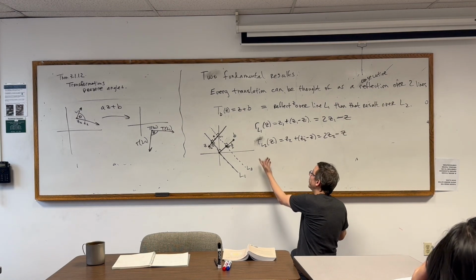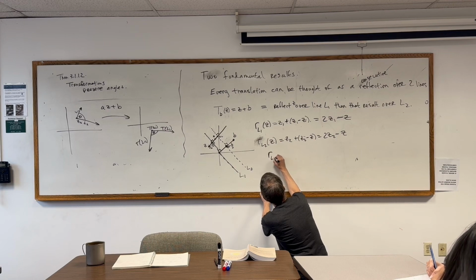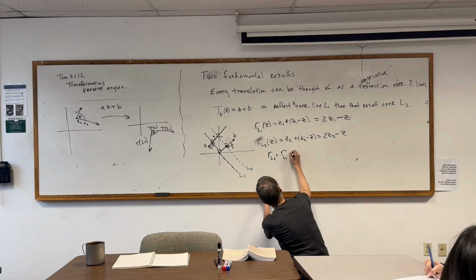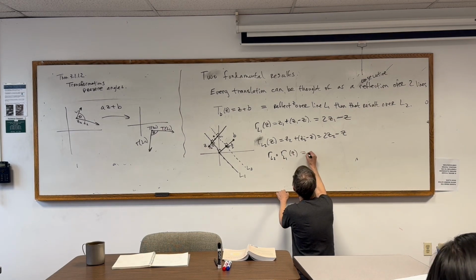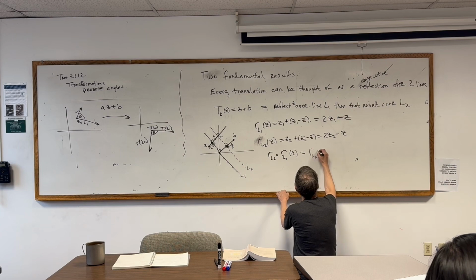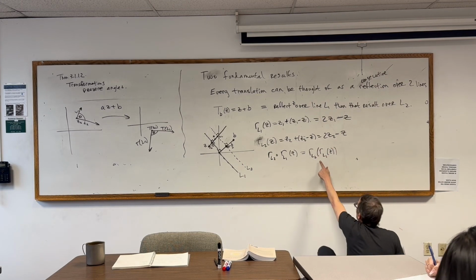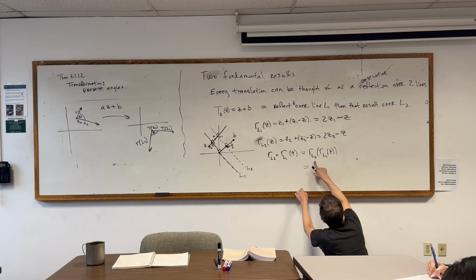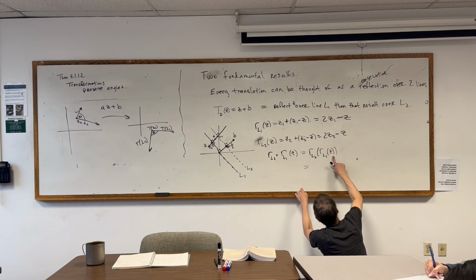So now let's compose these. We're going to do R of L2 last. We're going to find that composition. First do this, then do this. So that's R L2 of R L1 of Z. And now I can go to this formula right here. I'm just going to replace that Z with this thing here.